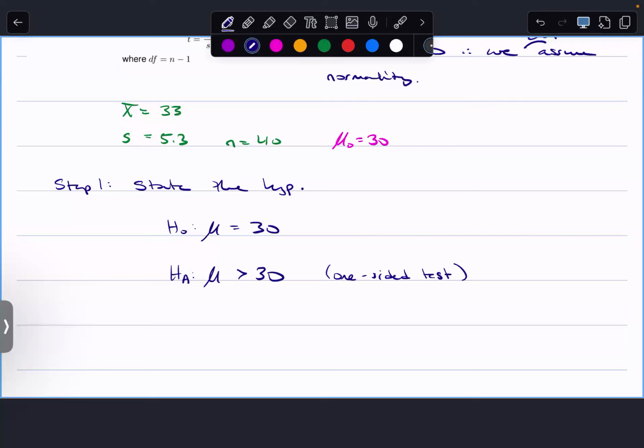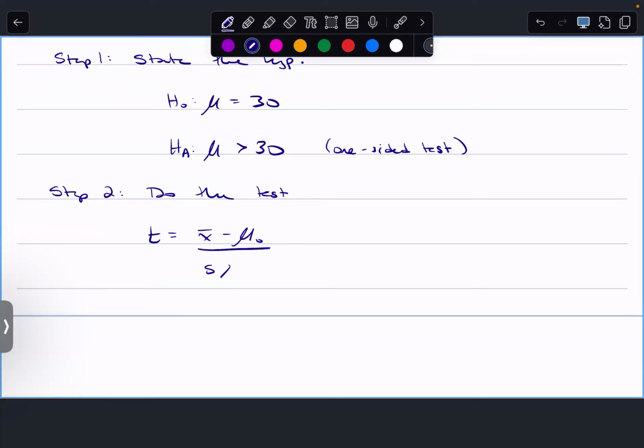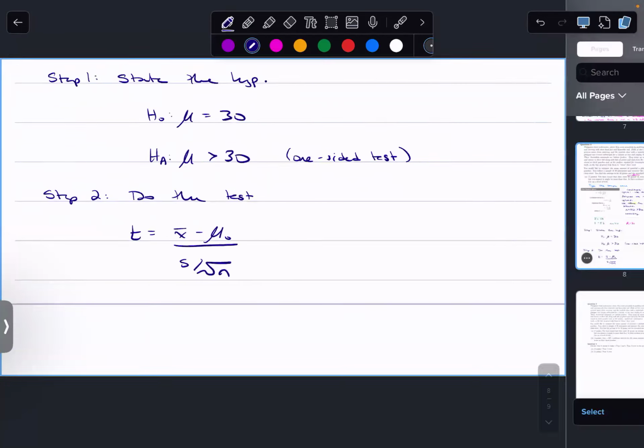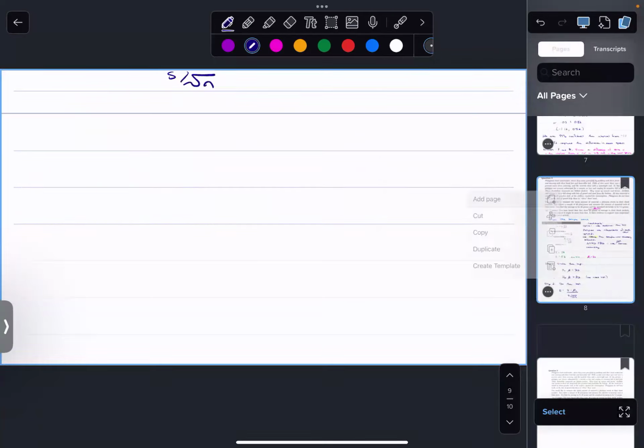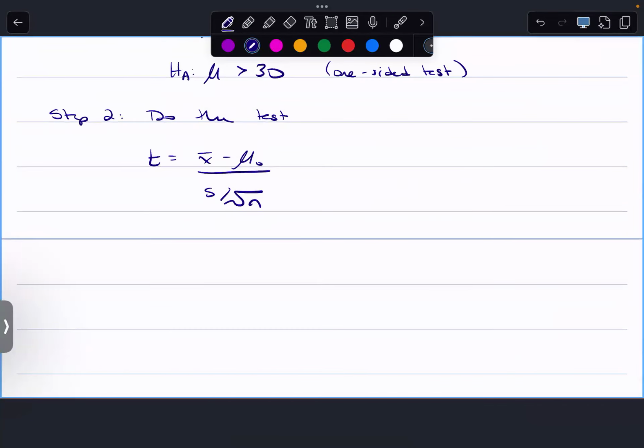Nice. Step 2. Test statistic. T is x bar minus mu naught divided by s over root n. T is 33 minus 30.